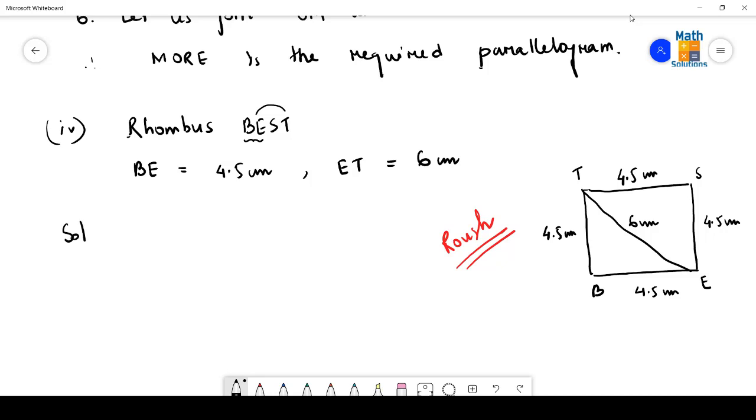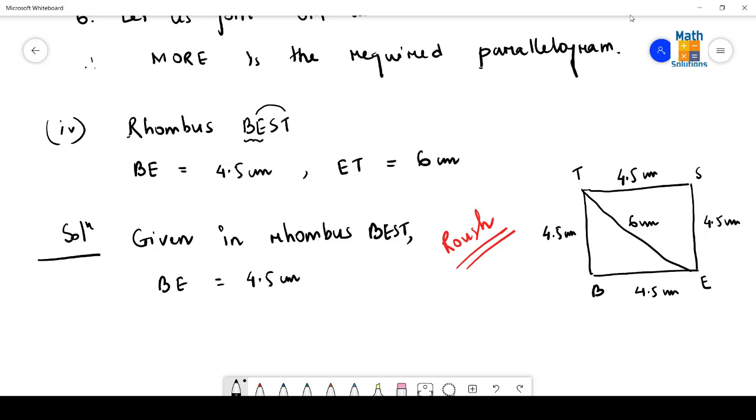So in the solution part what I shall write, given in rhombus BEST I get here BE is equal to 4.5 cm, then ET is equal to 6 cm.